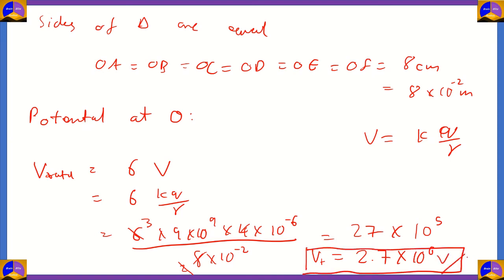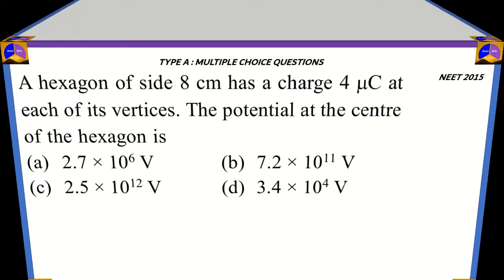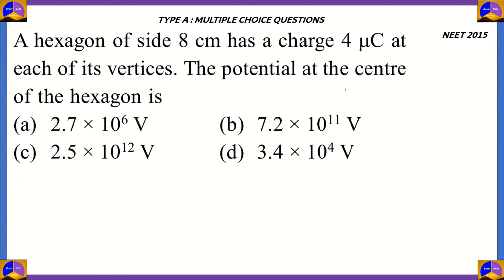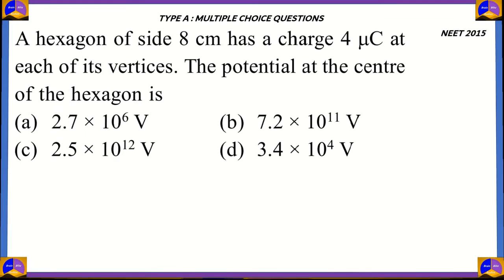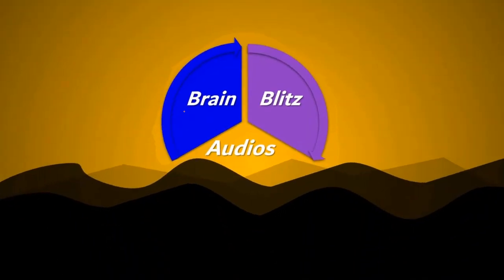So that is the total potential for this hexagon. So this hexagon has a charge 4 microcoulomb at each of its vertices. The potential at the center of the hexagon is option A, 2.7 into 10 raised to 6 volts. And that concludes this question, which was asked in 2015, as well as our episode today.